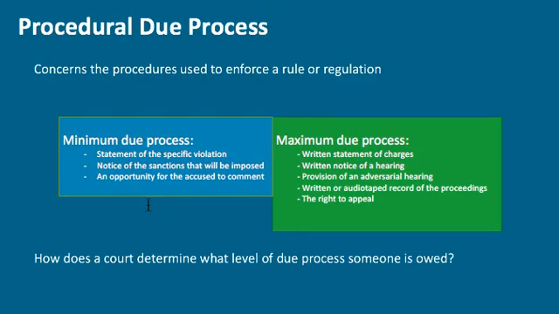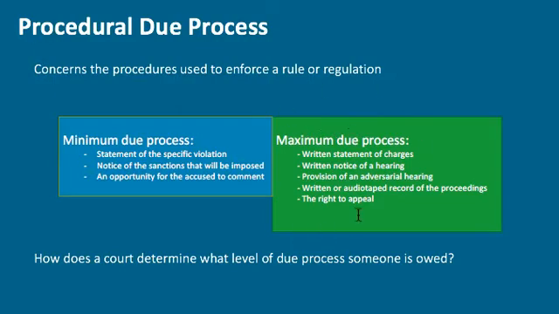And then also just giving the person who is having their life, liberty, or property interests impacted the opportunity to comment, right? Essentially getting the chance to tell their side of the story, right? Those are things that the court would deem to be minimum due process, minimum what you would do if you were actually going to be taking steps that involve firing someone or removing them from a program.